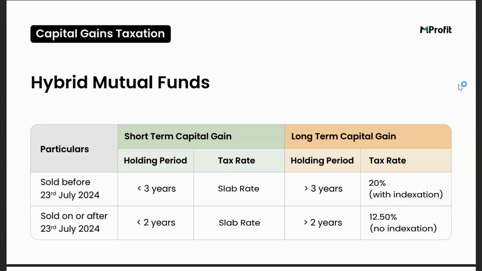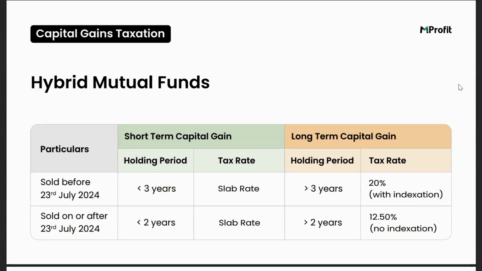If the holding period is more than 3 years and you have sold it before 23rd of July, then the tax rate is 20% with indexation benefit provided to you. So, irrespective of the date of purchase, if you are selling the hybrid mutual fund before 23rd of July for a holding period of less than 3 years, that is, you have sold the fund within 3 years from the purchase date, it will be classified as a short-term gain, added to your total income and taxed as per the applicable tax slabs.